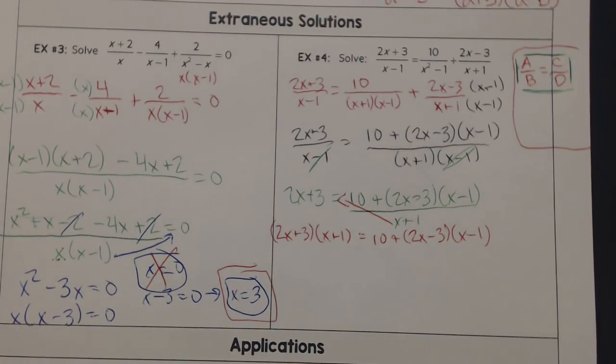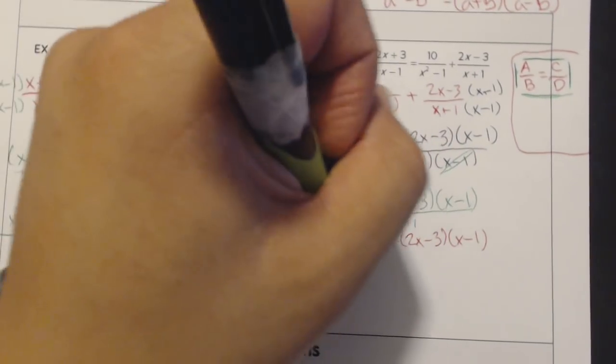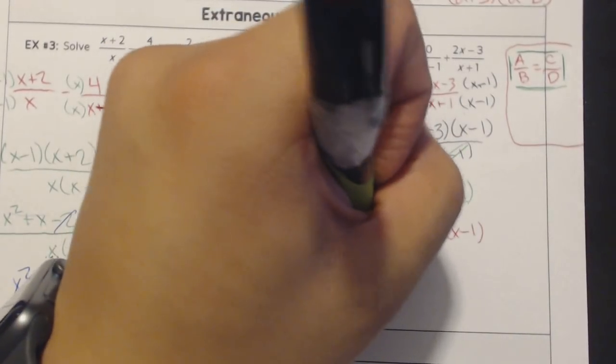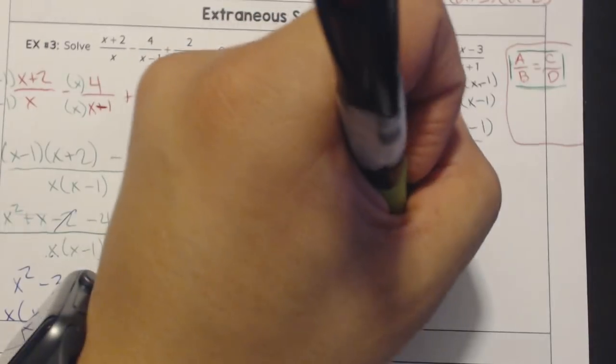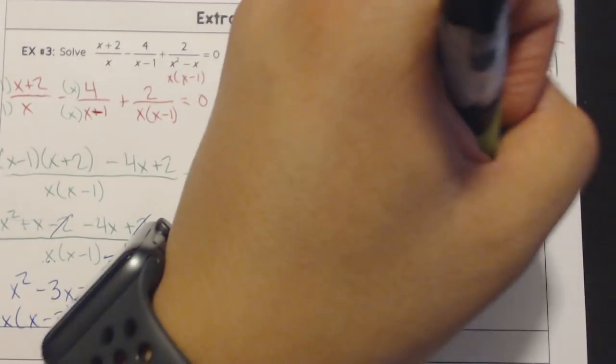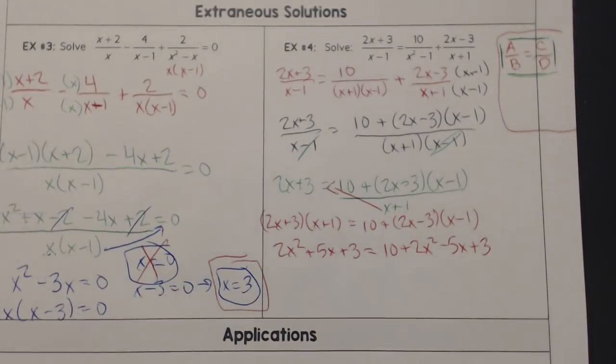We need to FOIL and simplify. And what we get is 2x squared plus 5x plus 3 is equal to 10 plus 2x squared minus 5x plus 3. So next, we have two quadratics on both sides.